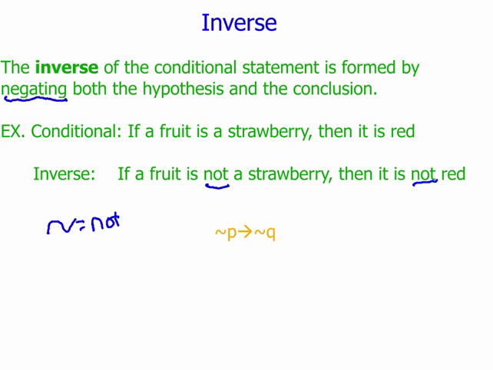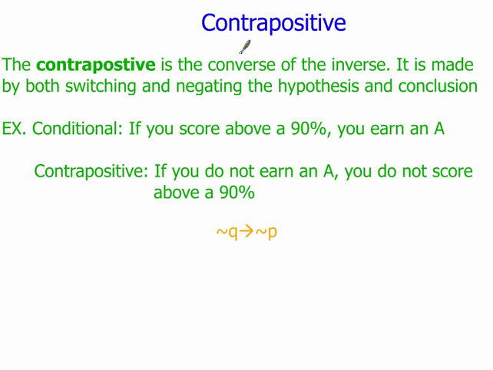And our third type of statement is the contrapositive. The contrapositive is the converse of the inverse. So it's made by doing both switching and negating the hypothesis and conclusion. Basically, you're going to do the converse and the inverse together. So the conditional is, if you score above a 90%, you earn an A. The contrapositive is, if you do not earn an A, then you do not score above a 90%.